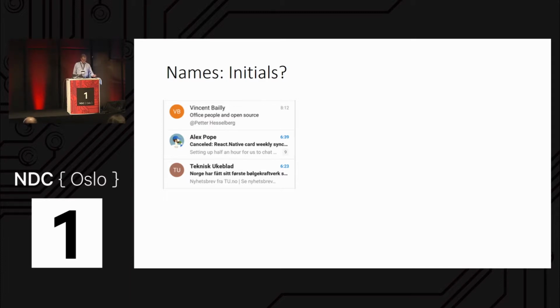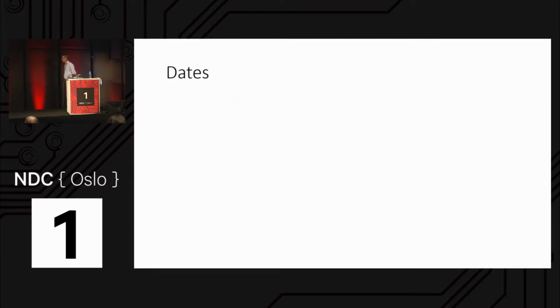Dates. What date is this? It's actually not possible to tell without context. You have to know which locale you are in. So it could be the 5th of August, or it could be the 8th of May. So dates are hard.